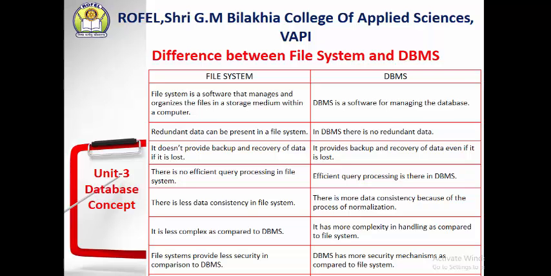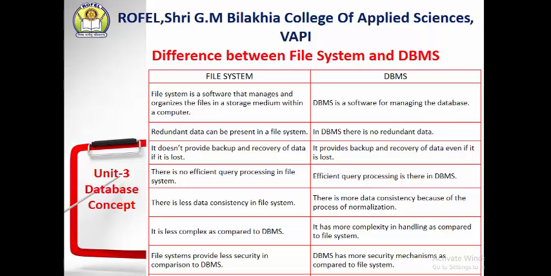But in the DBMS there is a specific way of handling data and handling queries. In the file system, it provides less security compared to DBMS. In DBMS, if you want to hide data from the middle, you can easily hide it and give security. You cannot give such security in a file system.